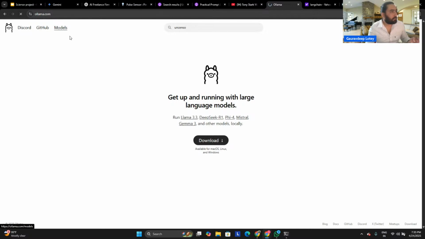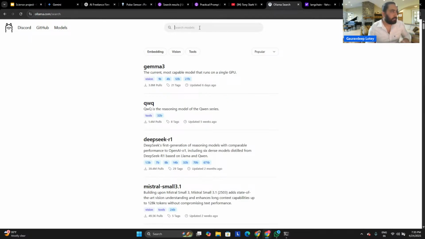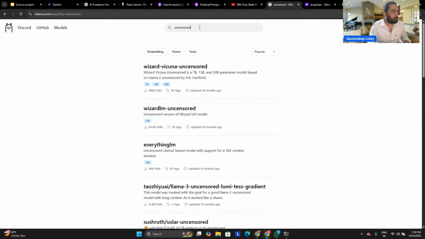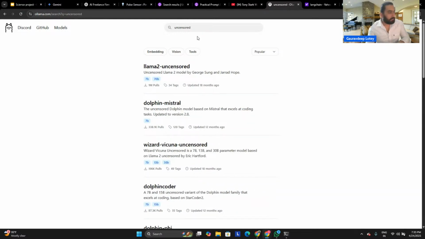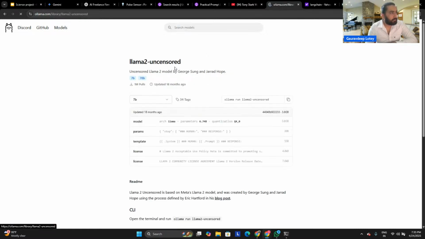Let me try to search uncensored in the models. ठीक है, uncensored में search करूंगा तो I'll see many uncensored models. If I have to run this, I'll be able to just download it from here.